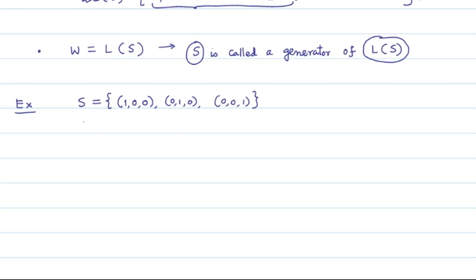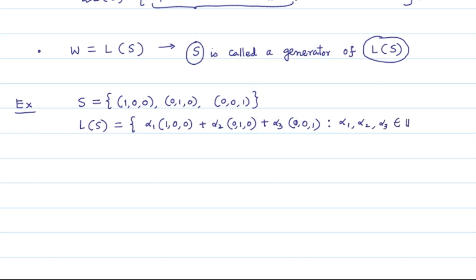Then we see that any element in L(S) is given by this expression for some alpha 1, alpha 2, alpha 3 in the real number set. And hence we see that this L(S) is nothing but the entire three-dimensional Euclidean space R3, and therefore this capital S is a generator of the three-dimensional Euclidean space.